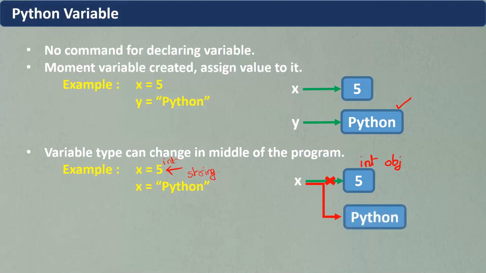So now this is a string object, right? Now x is pointing to the string object. See, now the data type has changed from integer to string. So this is the flexibility you have in Python, which is not possible in other programming languages. In this way, variables are created and bound to the values.